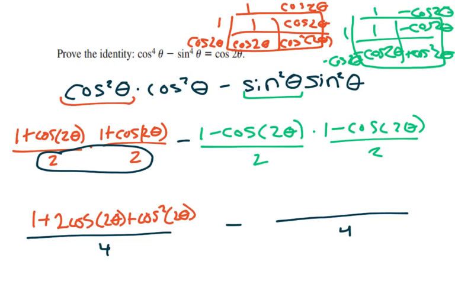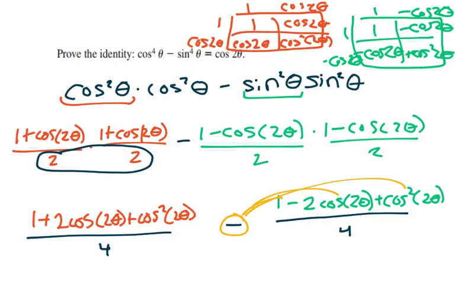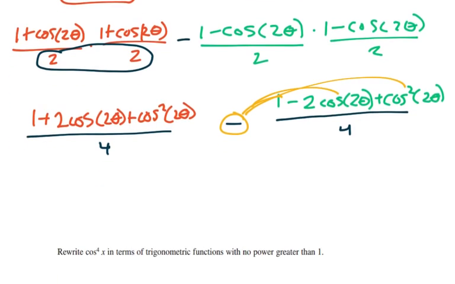So our new numerator is going to be 1 minus 2 cosines of 2 theta plus cosine squared of 2 theta. This negative sign does distribute to each of these. And so as we look at simplifying, everything is technically over 4. Doesn't really change much. And then all of our pieces can come together.